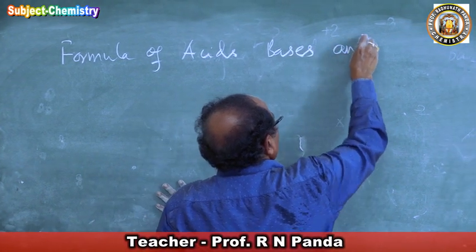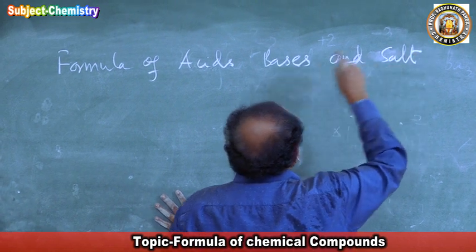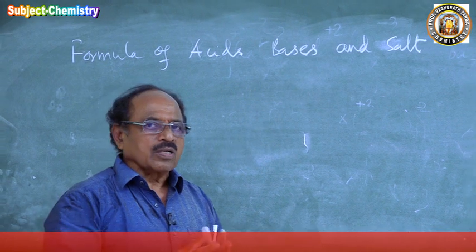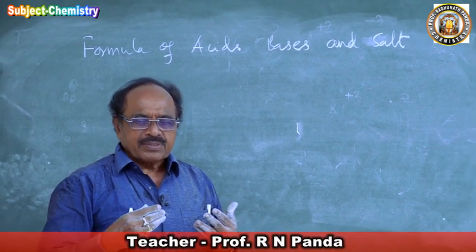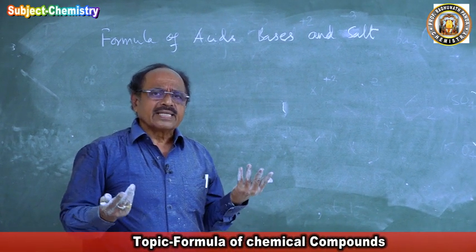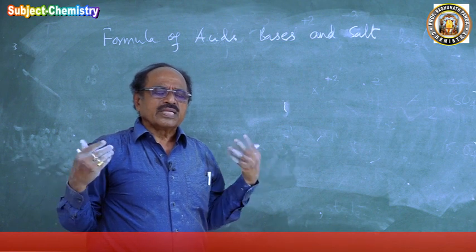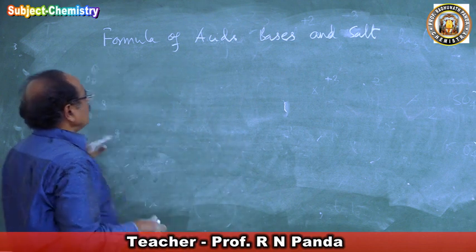This is the language I am teaching you, children, not the chemistry acid base salt chapter. There is in chemistry a special chapter called acid base salt. We will read acid base salt separately, but I am teaching you how to write the formula for an acid without remembering it. We will not remember the formula of acid, we can write their formula from this.